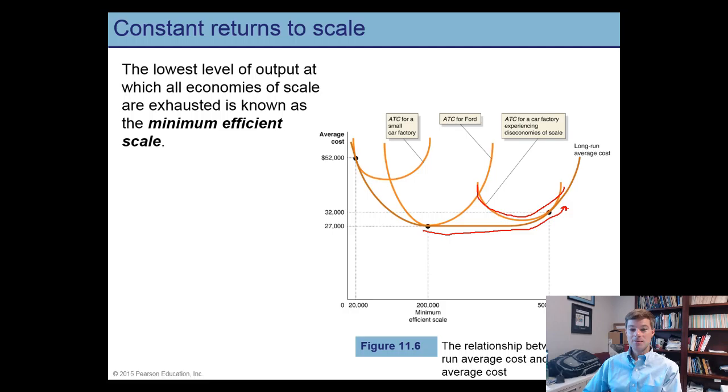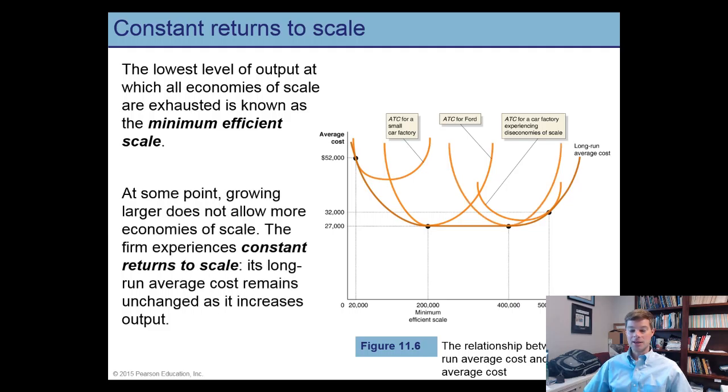Now, the minimum efficient scale of production is going to be that scale where production occurs at minimum long run average cost. So we can identify the minimum efficient scale of production in this diagram by recognizing that the lowest possible long-run average cost of production is $27,000 per vehicle, and it occurs in a range between about 200,000 and 400,000 cars.